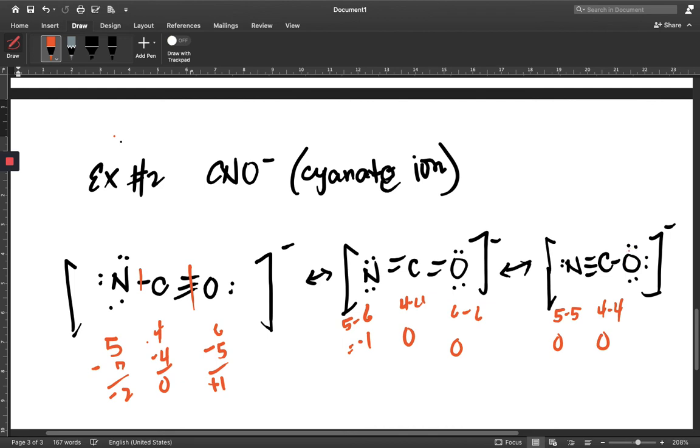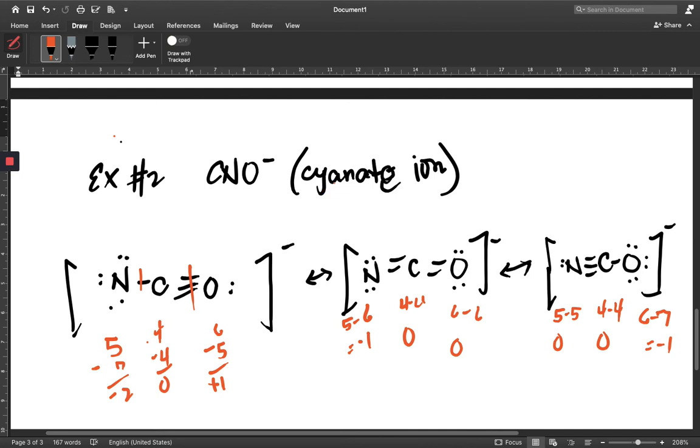And then for oxygen, you'll have 6 minus 1, 2, 3, 4, 5, 6, 7, minus 7, you get negative 1. Alright? So here are your combinations. The ones in here, negative 2, 0, plus 1, then negative 1, 0, 0, or 0, 0, negative 1.